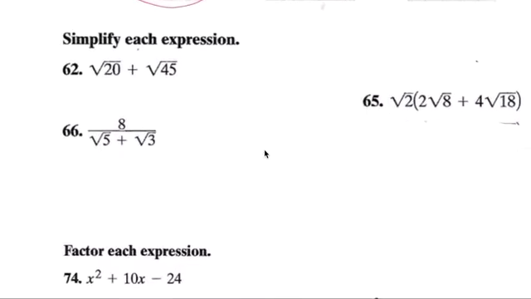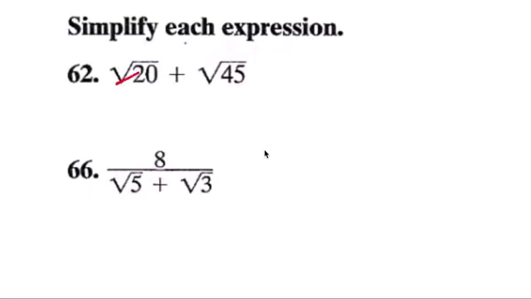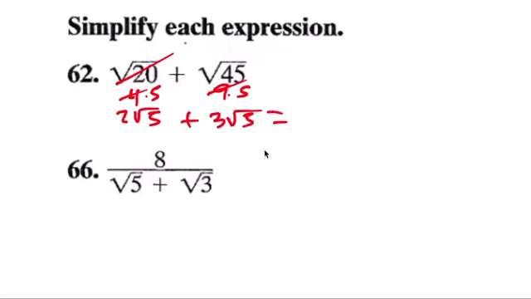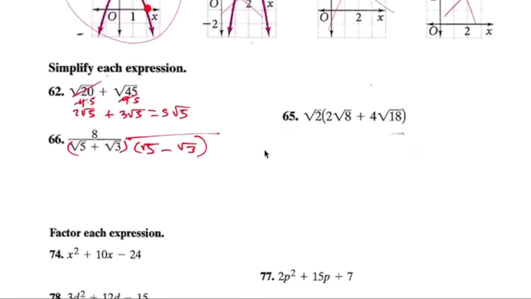Simplify those. It's going to be on your test. So make sure you know that this is 4 times 5, so 2 radical 5. This is 9 times 5, so it's 3 radical 5. Add them together is 5 radical 5. And then work on that.